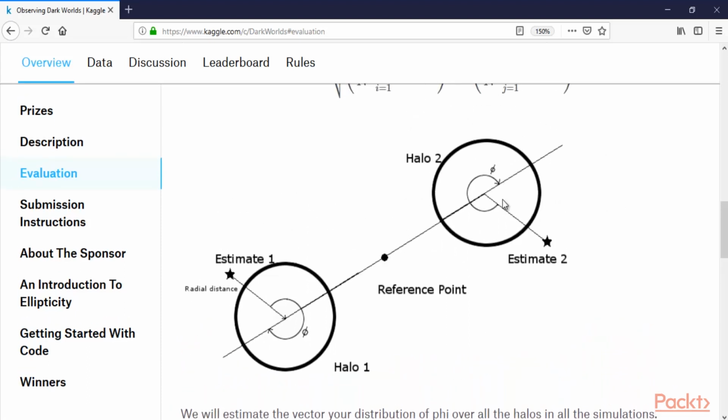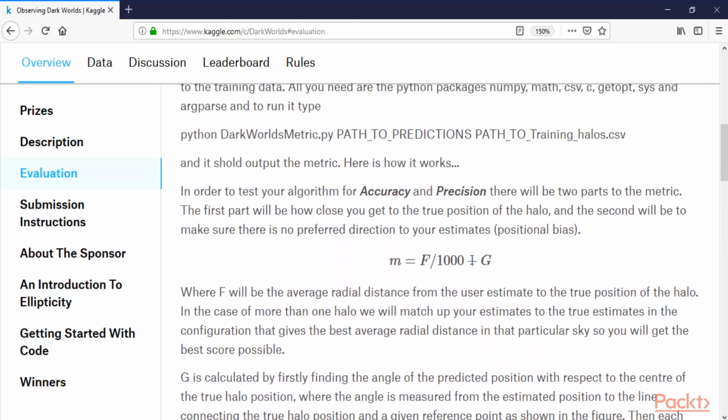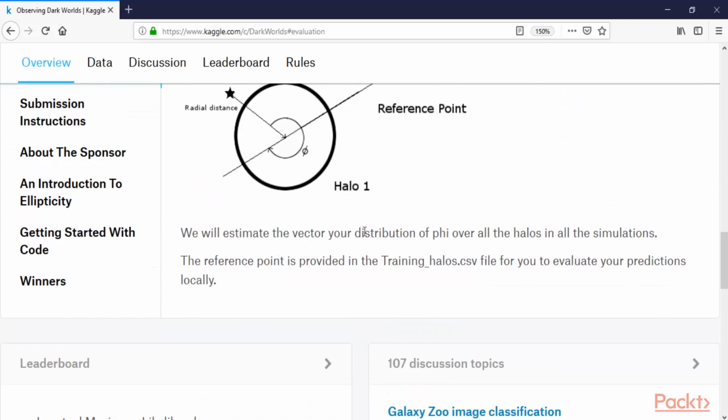This is G and this is F. We will estimate the vector or distribution of phi over all the halos in the simulation. So there are billions of halos. The reference point is provided in the training halos.csv file for you to evaluate your predictions locally.